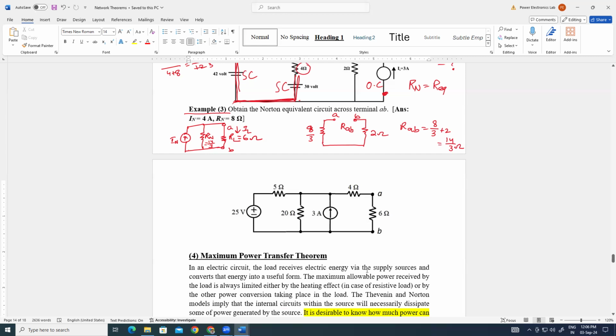Is there any doubt in superposition theorem, Thevenin's theorem, and Norton's theorem? And how is your tutorial class going on?